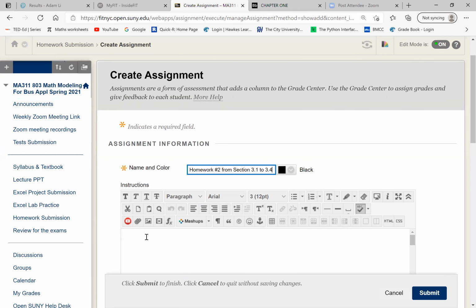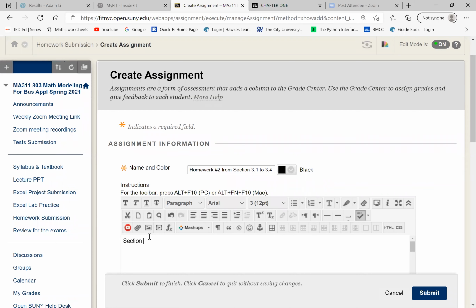For section 3.1, up to question 21, right? No problem. Section 3.2, all questions. Section 3.3, all questions. And section 3.4, only up to question 11, right? Yeah.